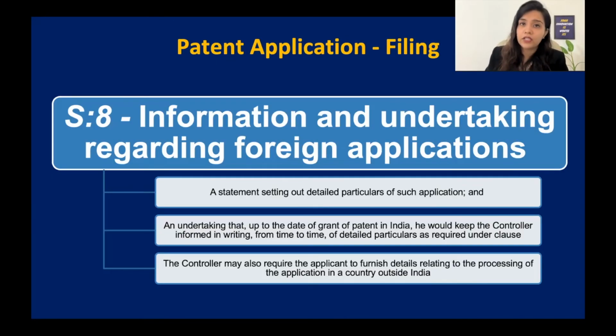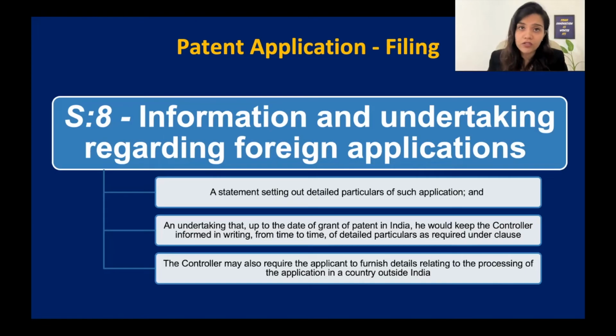And the third element is, for example, the controller asks me a certain question regarding my foreign application. To that also, I'll reply to the controller. So whenever the controller requires me to furnish any details related to a foreign application, I will furnish those details to the controller.